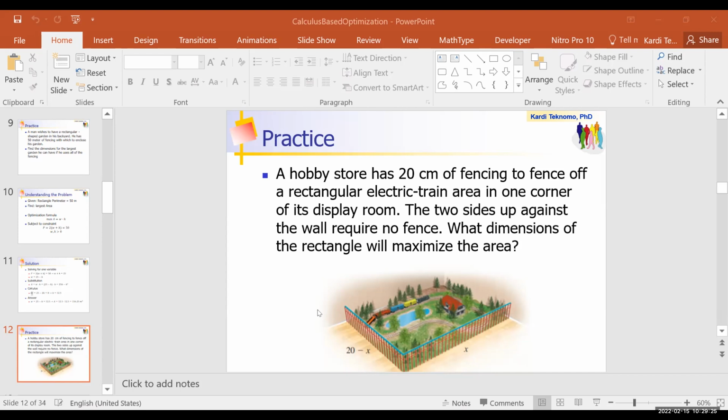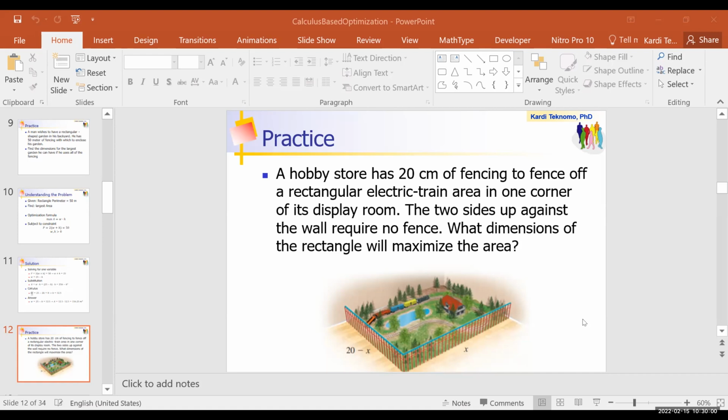So the total fencing is 20 centimeters. The other two sides do not need a fence because they are the wall. So the question is, what is the dimension that will maximize the area? Again, similar problem.